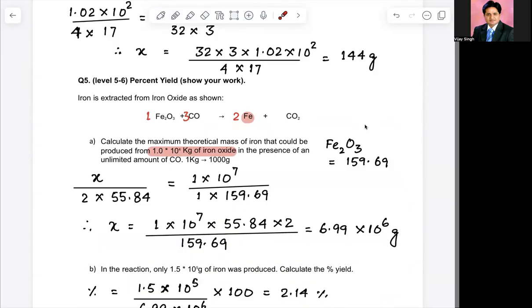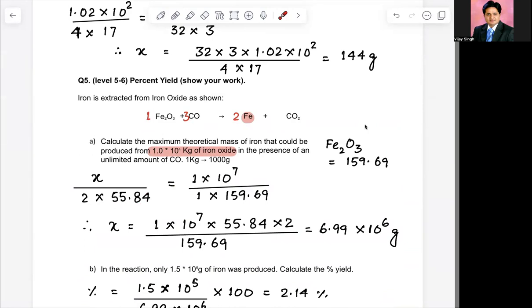So let's say the amount of iron. Here we are looking at iron oxide and iron. So let's say we have X amount of iron divided by 2, which is the coefficient, multiplied by the molar mass of iron, which is 55.84.